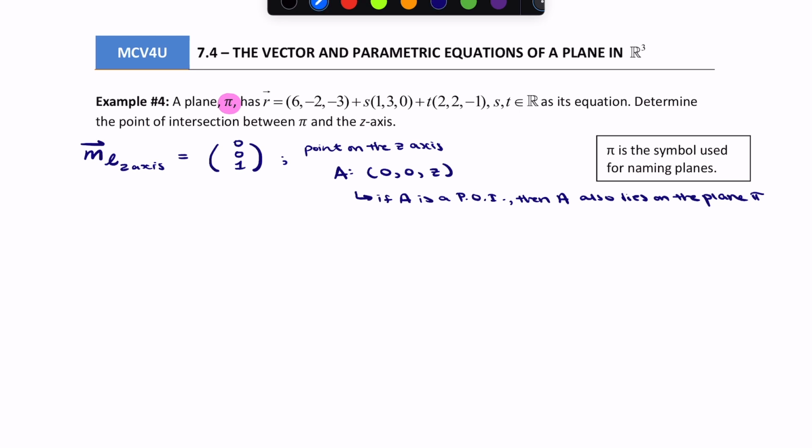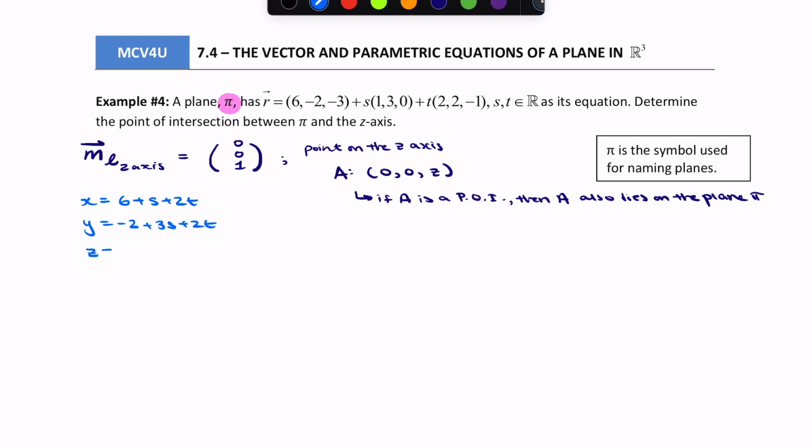So here we can write our parametric equations. So x is equal to 6 plus s plus 2t. y is equal to -2 plus 3s plus 2t.